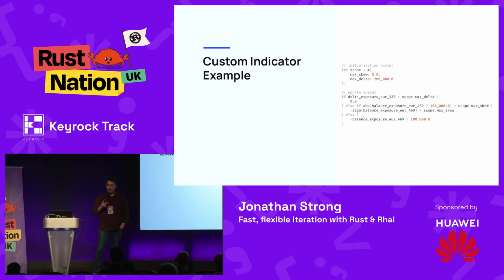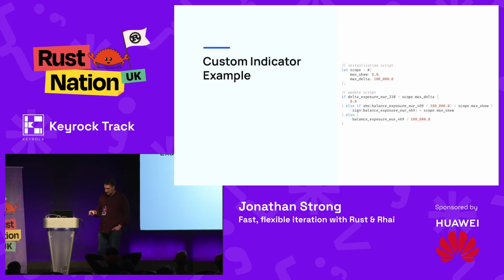So here's an example of what it looks like in Rhai code. At the top, you've got the initialization script, and it sets up this variable scope, which is by convention what we call the state that you're going to be able to use later. And then the update script, and you see the variable delta exposure EUR 330. In Rhai, you can put an instance of a native Rust type into the scope in different ways.